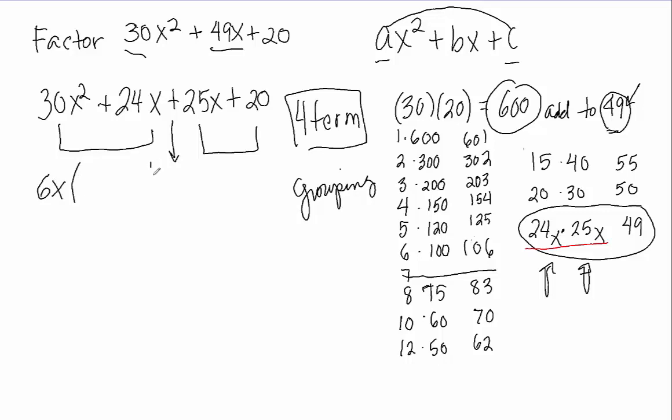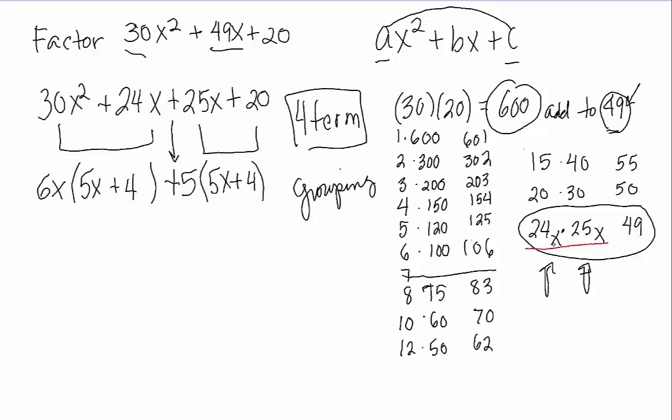When I bring that out, I'll have 5x plus 4. Bring down the plus sign. 25x and 20 have 5 in common. When I bring that out, I also have a factor of 5x plus 4.